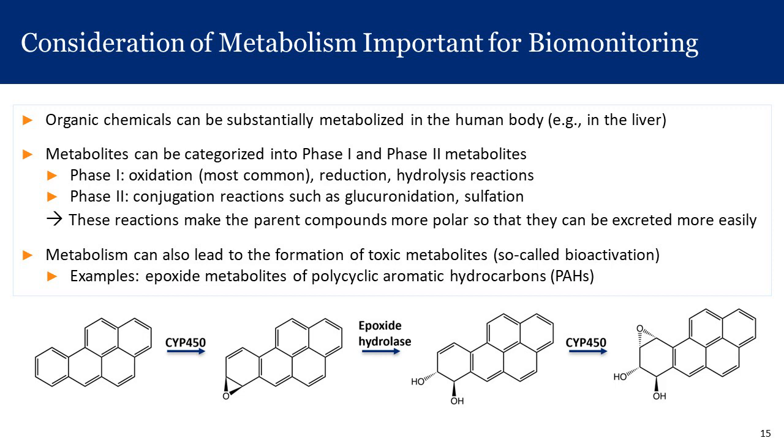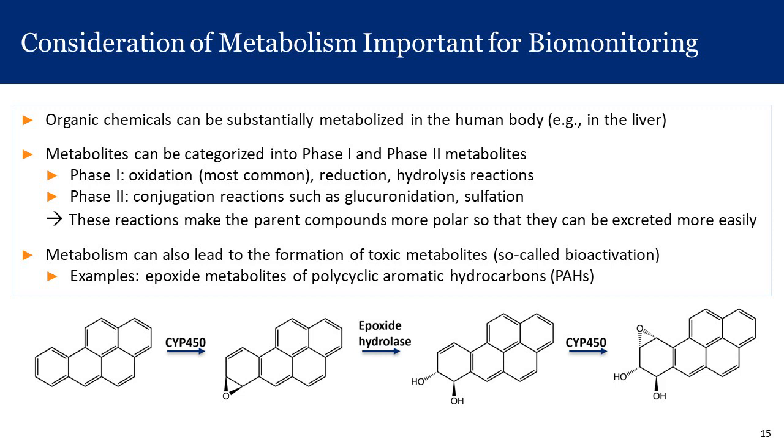And this is separated from what is called phase two, where you have a conjugation reaction, where you add a molecule to your chemical, such as glucuronidation or sulfation, which the body does to increase the polarity and help the excretion of this compound via urine. So the goal of our body in doing these reactions is to make a compound more polar so that it can be excreted more easily.